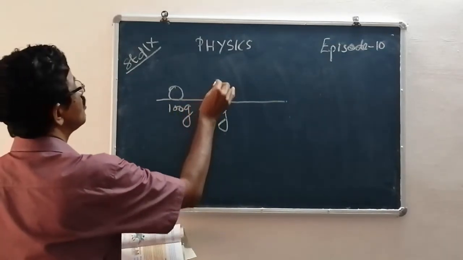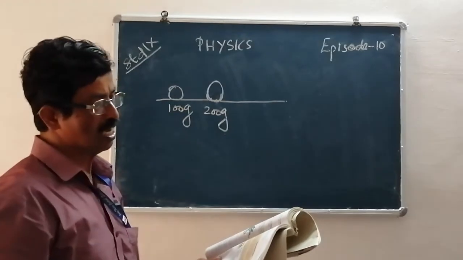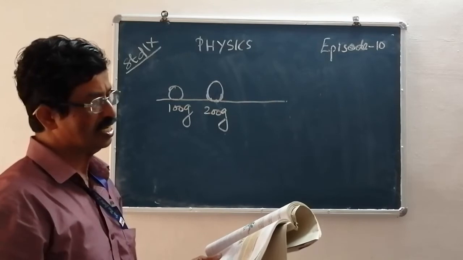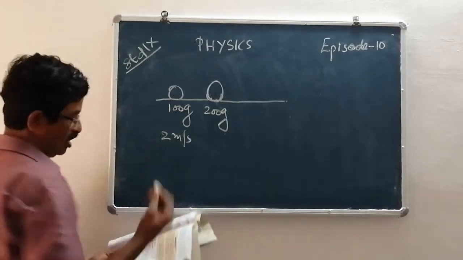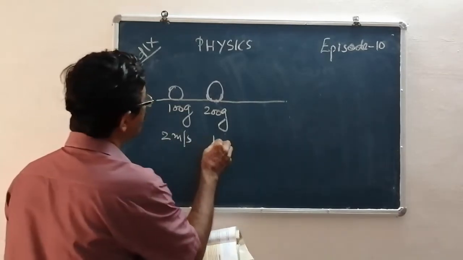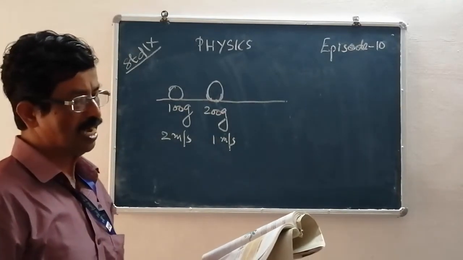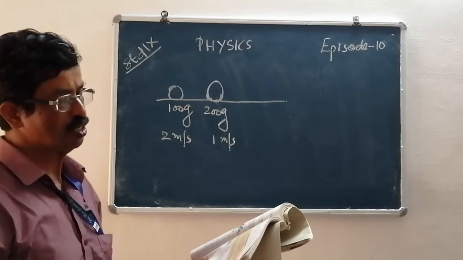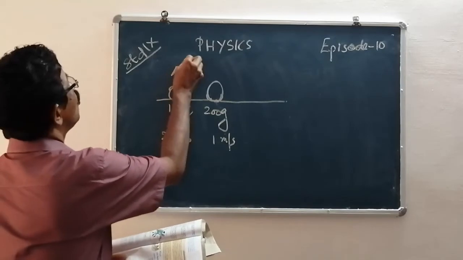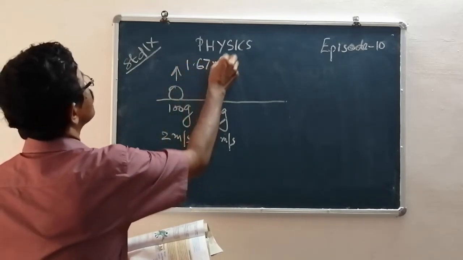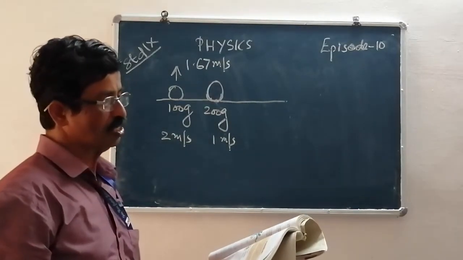They are moving along the same line and direction with the velocity of this one 2 meter per second and this one 1 meter per second, respectively. They collide. After the collision the first object moves with a velocity of 1.67 meter per second. Then determine the velocity of the second.